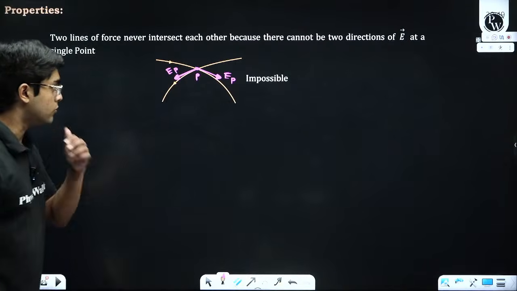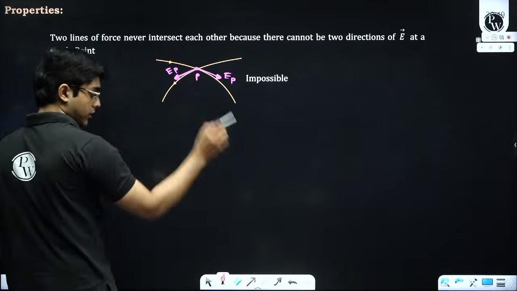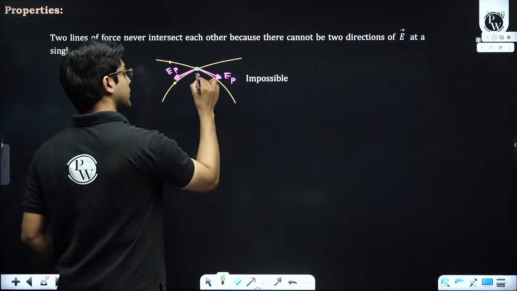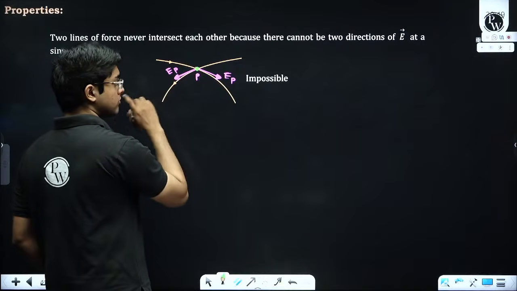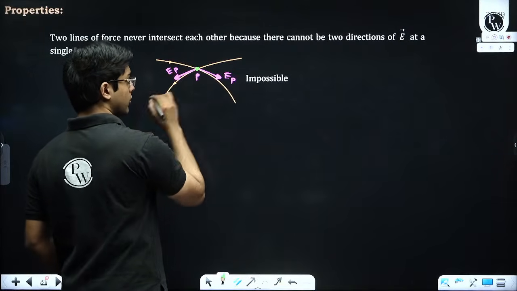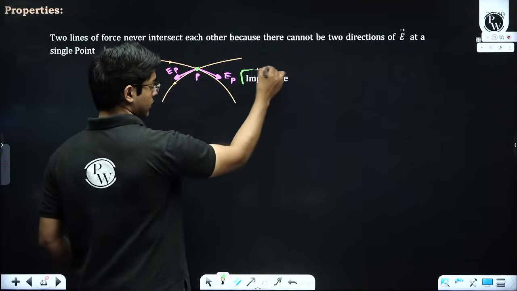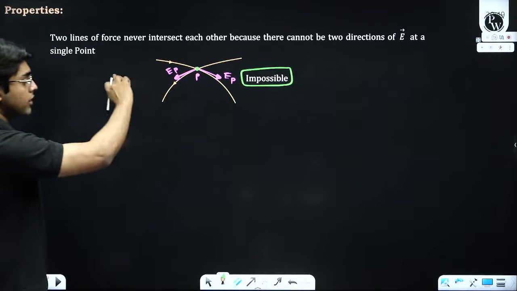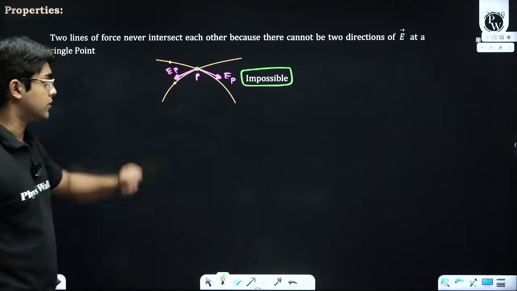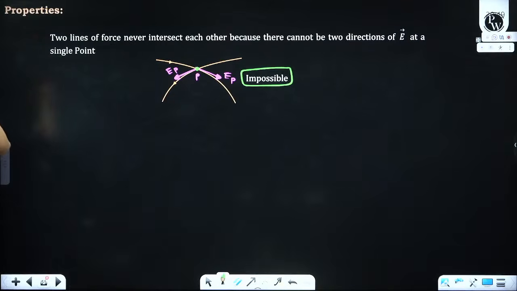This is not possible. At any one point, there can only be one field. Electric field can only point in one direction. But this is telling us two different directions, which is impossible. That's why electric field lines in any diagram will never intersect with each other.